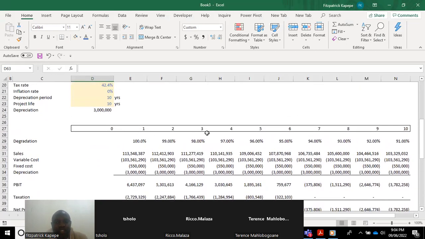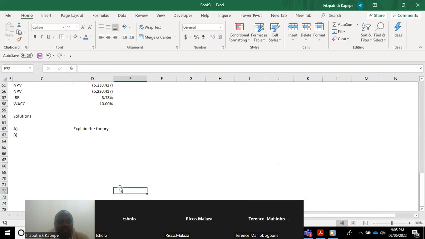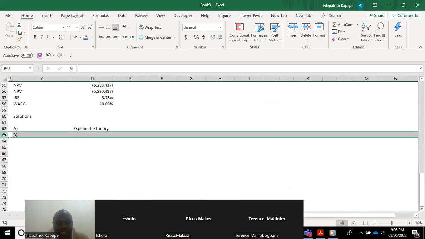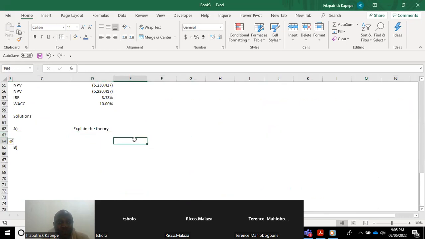You can show year on year if that is what they want, but at 100% you can change that and do the same thing. If I were you, for B, I'll say I'm starting from here, which is year 1, plus 1 there.